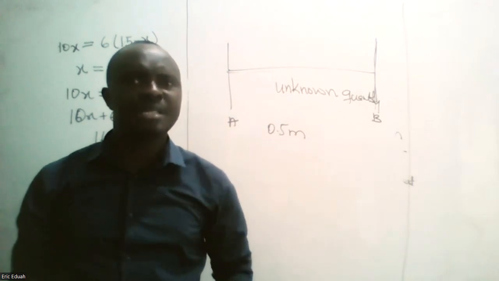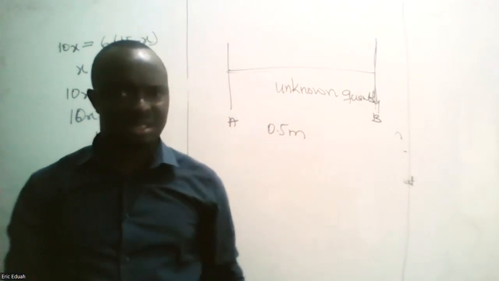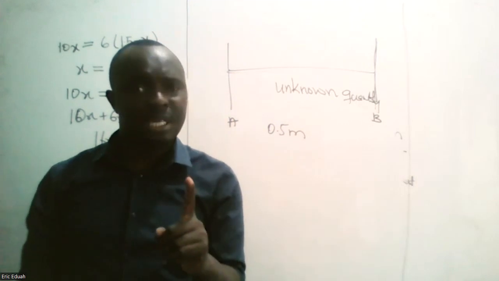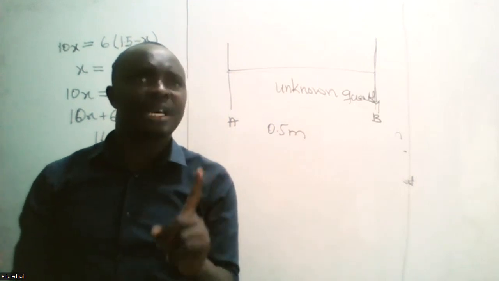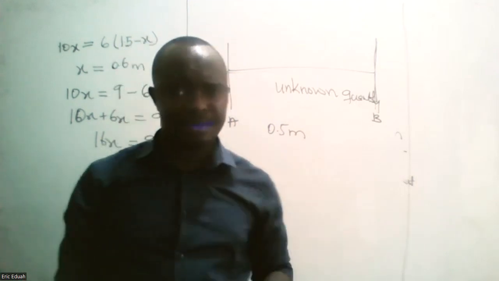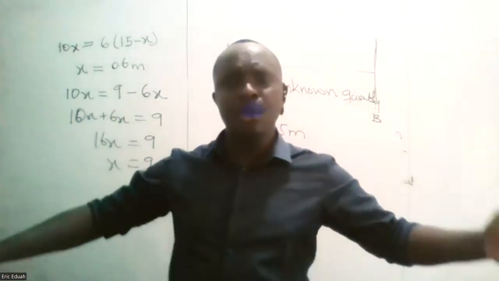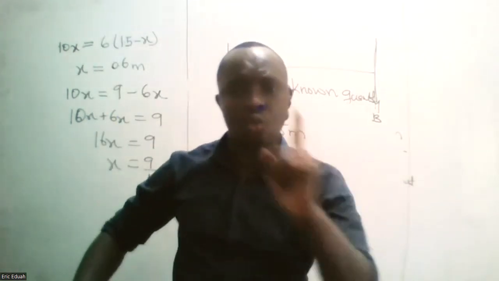So in measurement, there is a standard or unit. That's why we say the unit of length is the meter. So in measuring length, we always compare it to 1 meter.